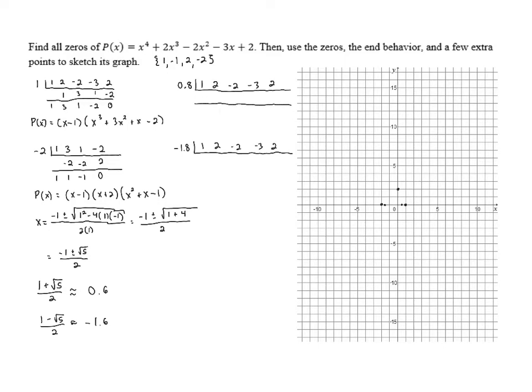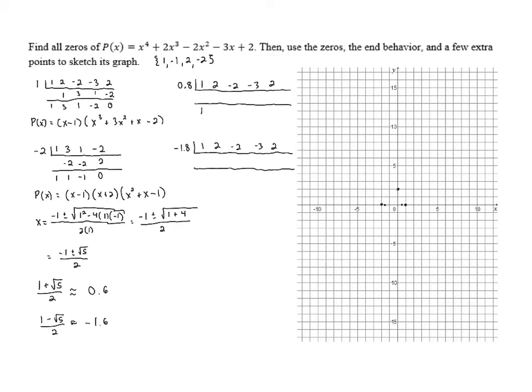Now this is going to be a little bit of a pain because we've got these decimals. But right now is as good of a time as ever to show you how you can do synthetic division using a calculator all in one go. So we know that we need to bring the 1 down.